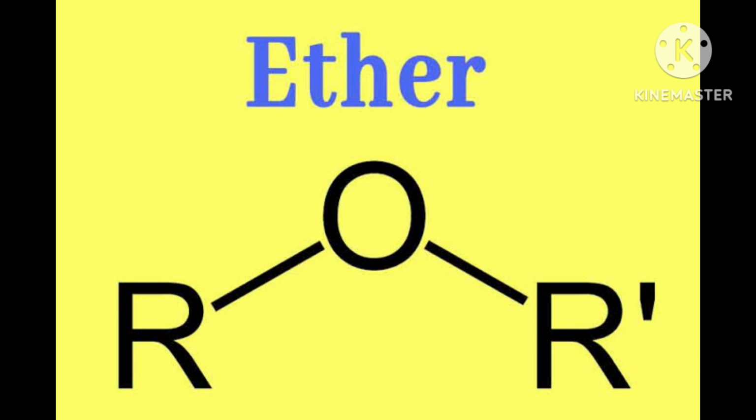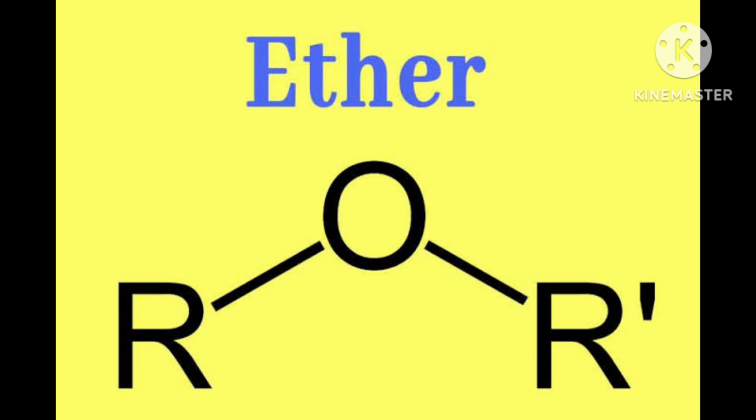And ethoxyethane means C2H5OC2H5. Its boiling point is 307.6. And butan-1-ol is an alcohol. Its boiling point is more, 390. Then why is there such a difference?